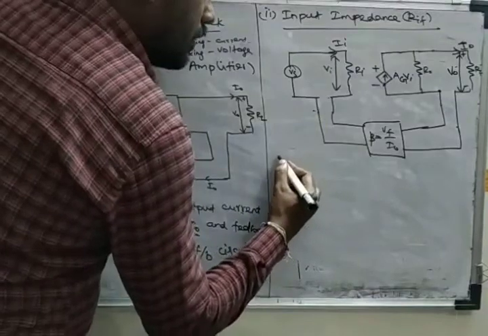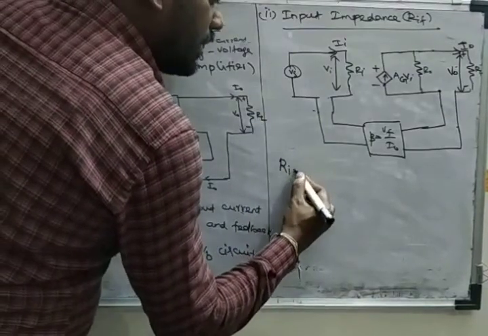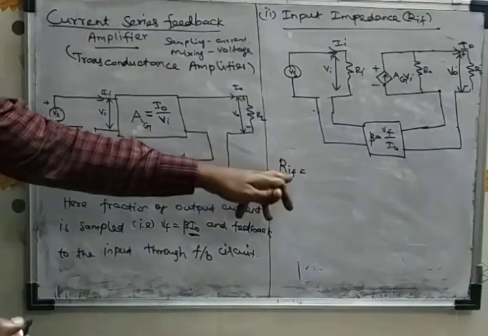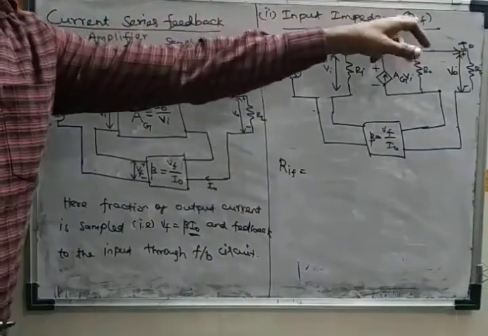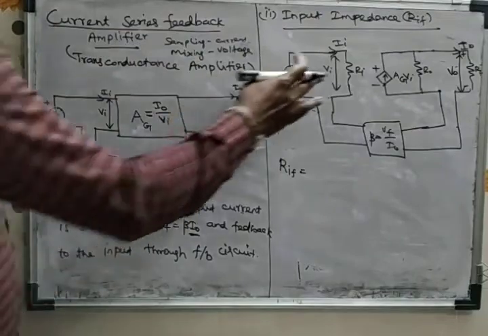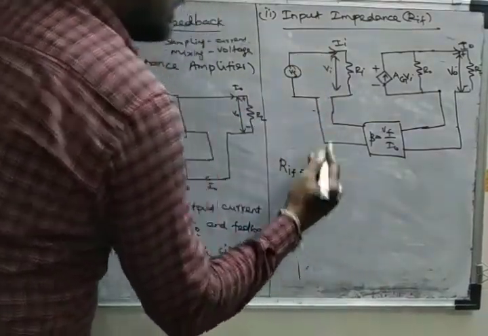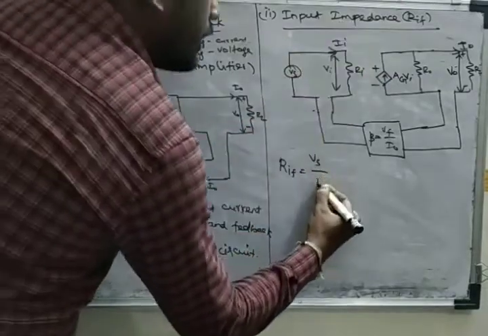So RIF is equal to input impedance with feedback. So with feedback input impedance, you have Vs to the Ii.